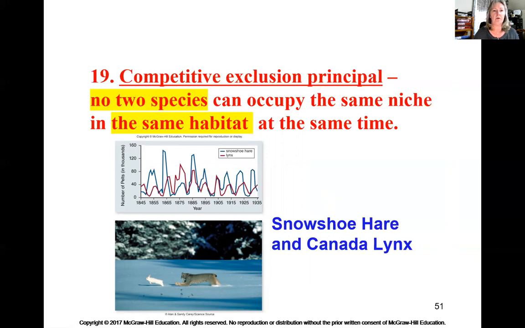So I don't know if you remember what kind of growth this is called when you've got this up and down population. The population of the rabbits or the snowshoe hares goes up, and then the population of the lynx goes up, and then the lynx eat a bunch of the snowshoe hares and their population goes down. Well, then the lynx population will go down because there's not as much food and they start to compete.